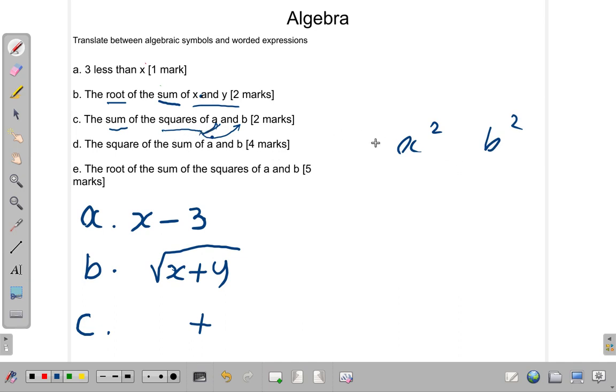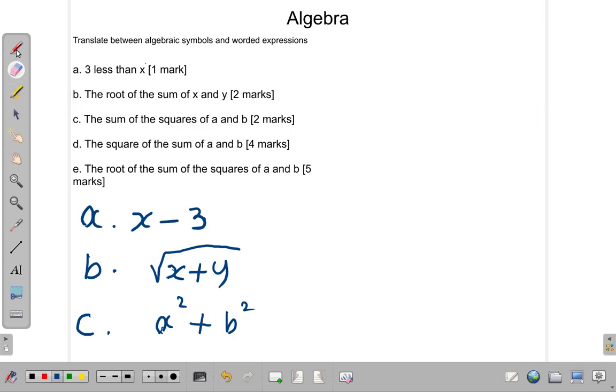The sum of them. So we're going to put A squared and B squared. Then the sum of the squares of A and B, you add them. So if you had A squared plus B squared, you could have B squared plus A squared too. That would be right. But A squared plus B squared, you can give yourself 2 marks.